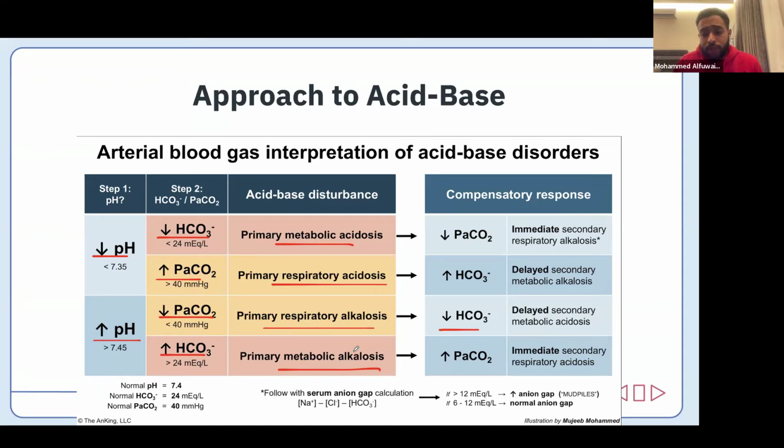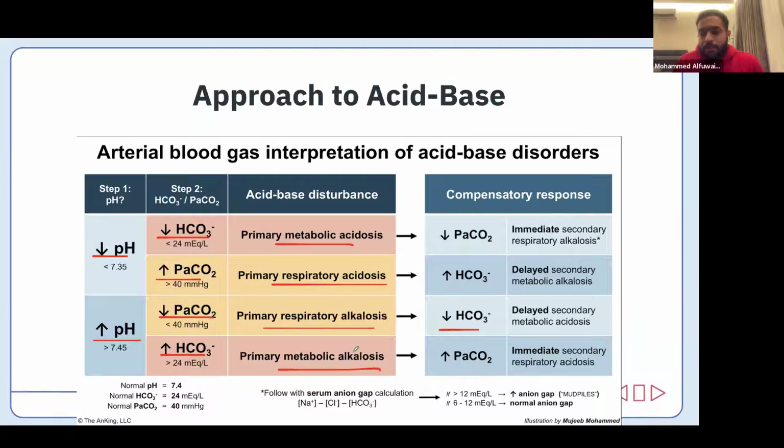So, to recap, the first step is you establish the pH, whether the patient has acidosis or alkalosis. The second step is you establish whether it's metabolic or respiratory. Third thing is you check whether or not they have a compensation, yes or no. If they have a compensation, good. If they don't have compensation, then while you're checking for compensation, you're actually checking for whether they have a concomitant acid-base disease.